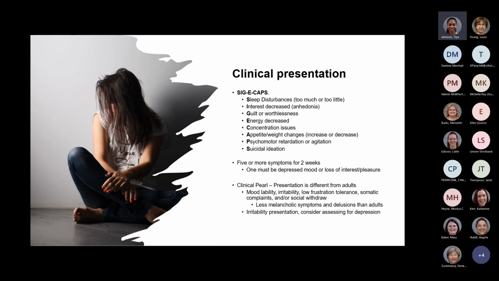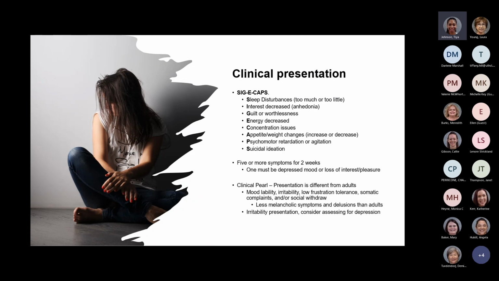SIG E CAPS is a mnemonic to help remember the clinical presentation of depression. S stands for sleep disturbances, either too much or too little. I stands for decreased interest, or anhedonia, as we call it.